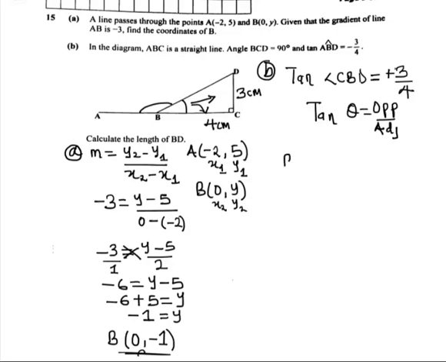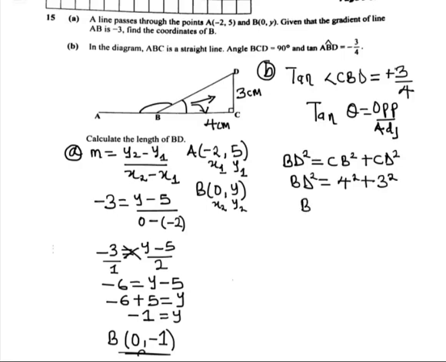So BD squared is going to equal CB squared plus CD squared. BD squared is equal to, by substitution, 4 squared plus 3 squared.